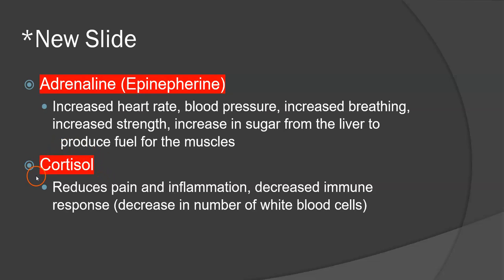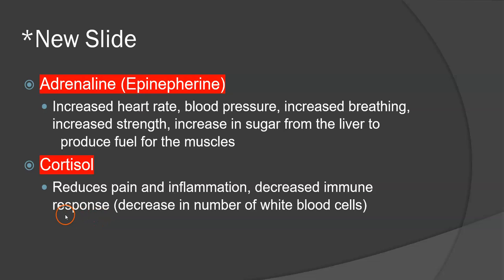Now the second stress hormone, cortisol, is released because it helps reduce pain and inflammation. That could be an important part of survival. It's also decreasing our immune response. There are more important things to be doing in a crisis or an emergency. In looking at this, you may begin to see some of the problems.